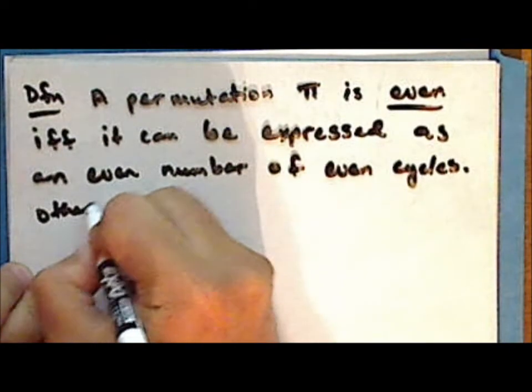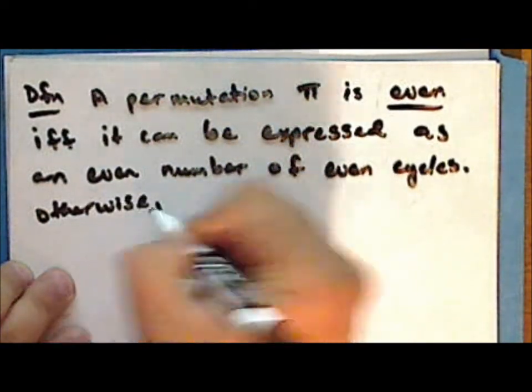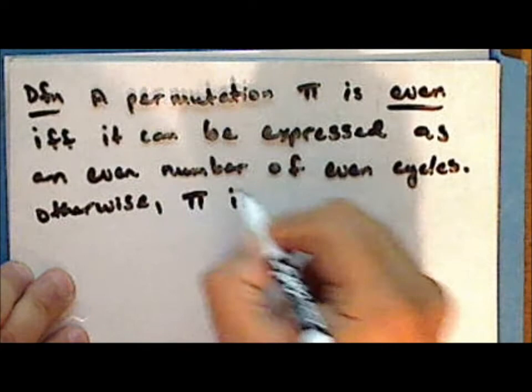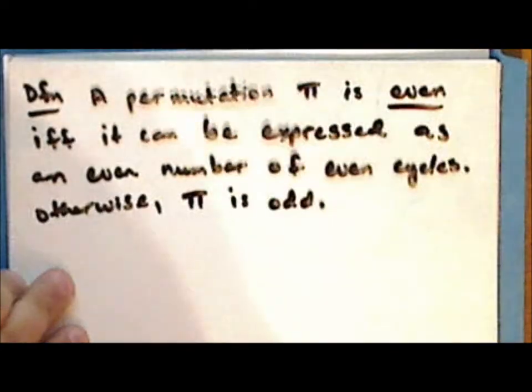Otherwise, the permutation pi is odd. So let's look at an example.